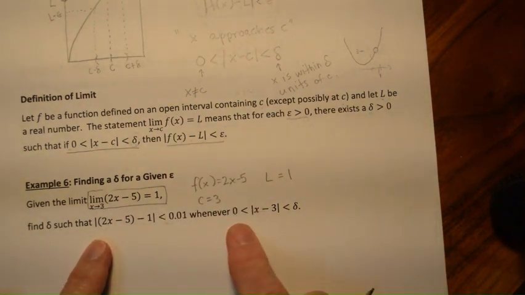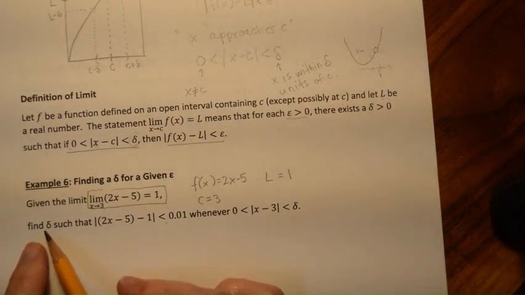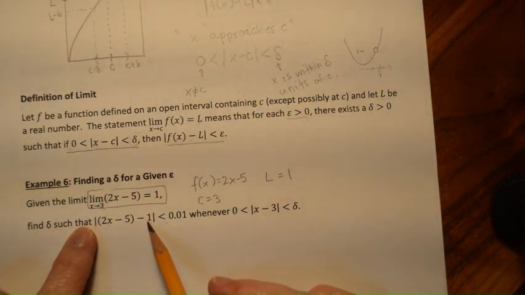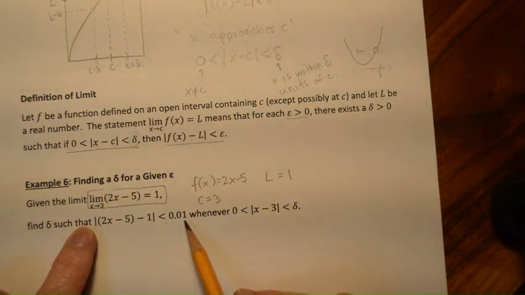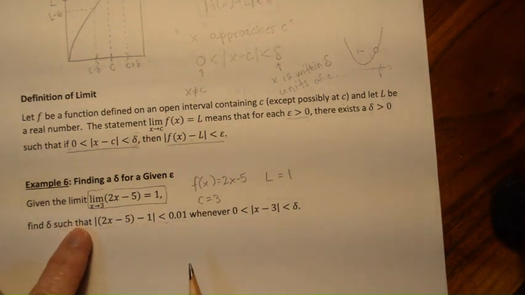Okay, so then let's also look at these things right here and see where they're getting these things from, because right now they look kind of like they're just pulled out of thin air. All right, so it's saying find a delta such that whenever the absolute value of 2x minus 5 minus 1 is less than 0.01, where are these numbers coming from?